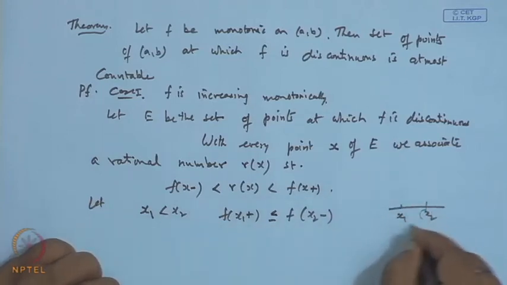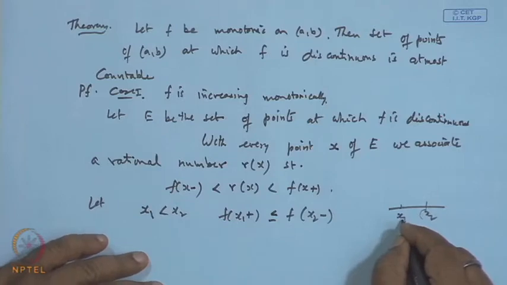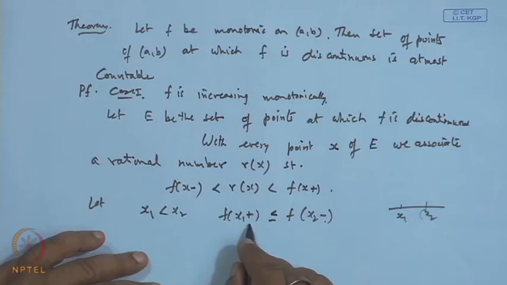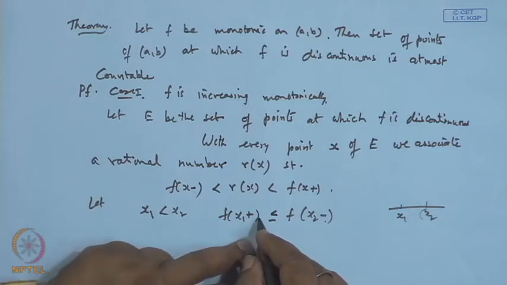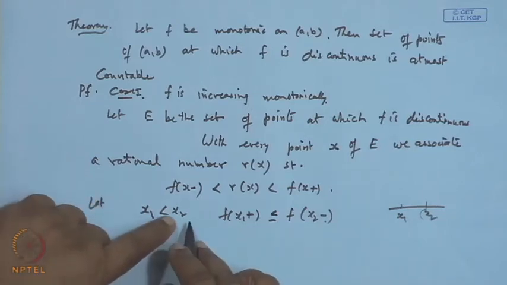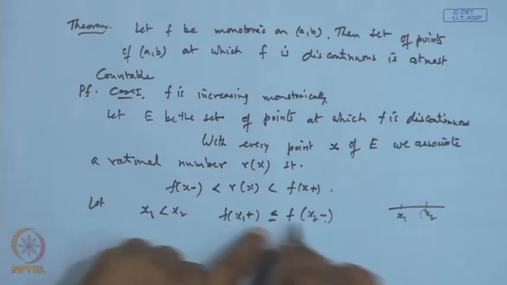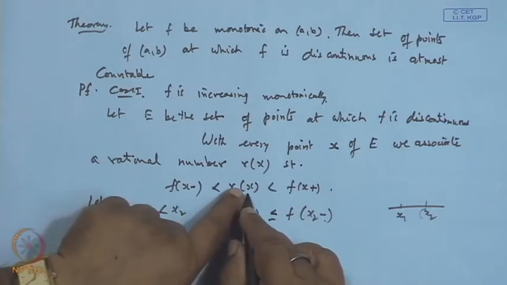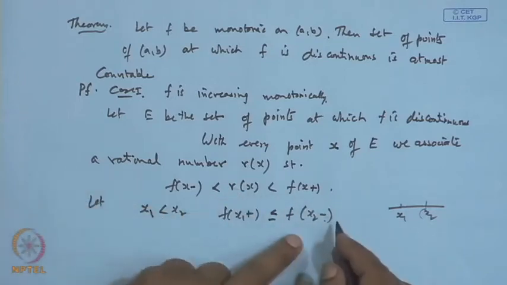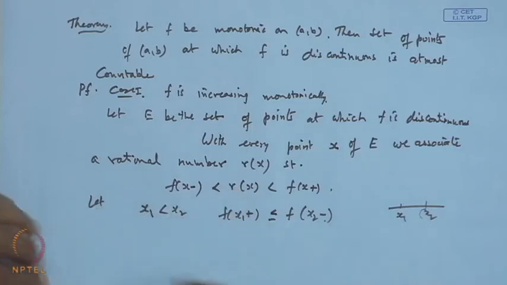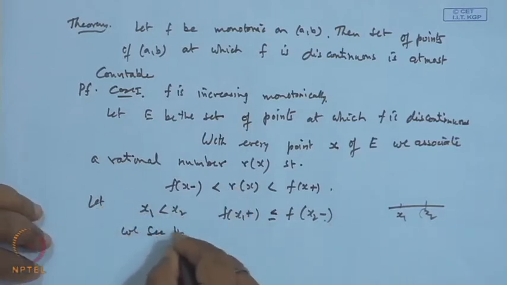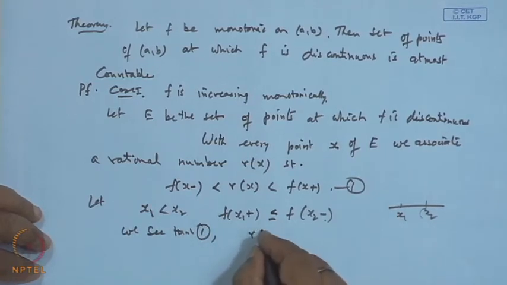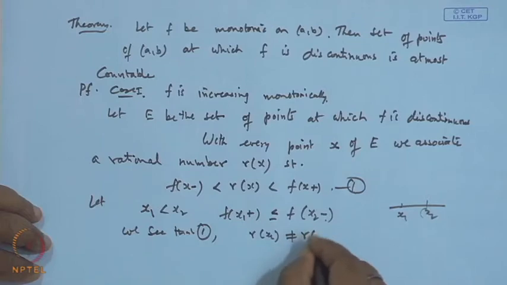So, the value at x2 will always be greater than or equal to the value at x1. So, the left hand limit at x2 will at the most coincide with the right hand limit at x1. But if x1 is different from x2 and both are points of discontinuity, we can identify rational numbers R(x1) and R(x2), and we see that R(x1) is not equal to R(x2).